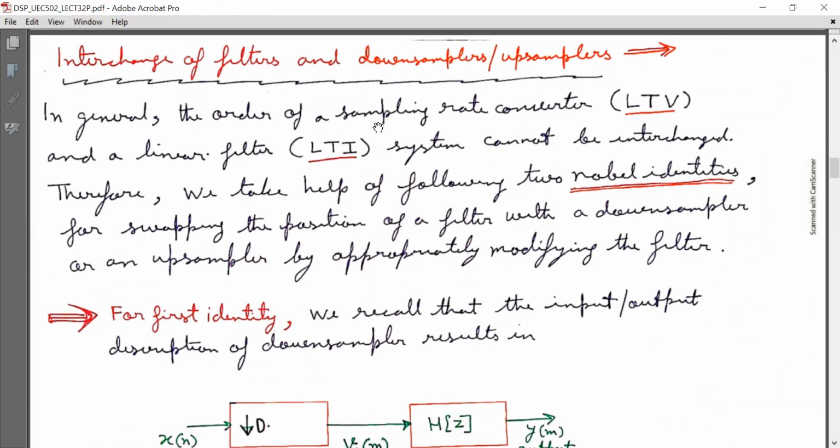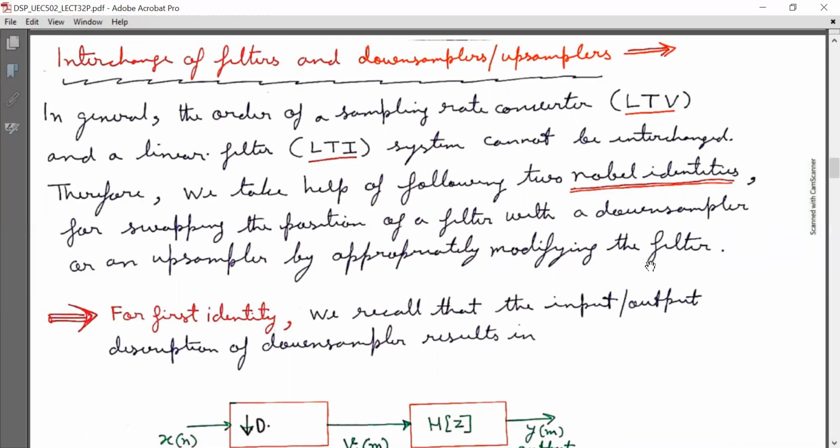Linear filter is a linear time invariant system. So the order of a sampling rate converter and linear filter cannot be interchanged in a direct manner, but it is not impossible. Therefore, we take help of the following two noble identities for swapping the position of a filter with a downsampler or an upsampler by appropriately modifying the filter.